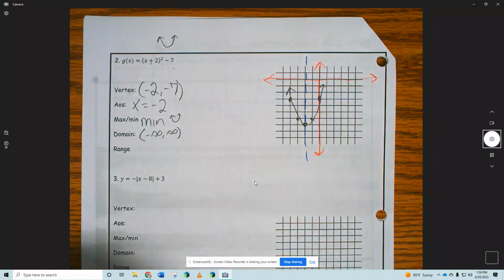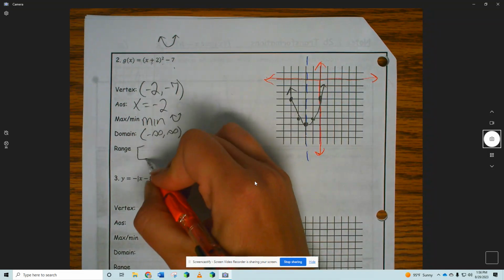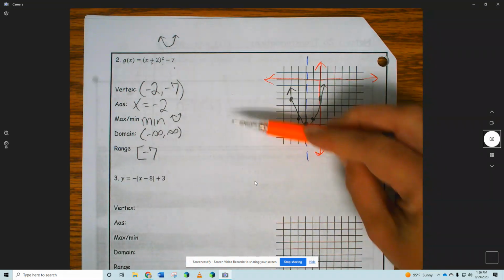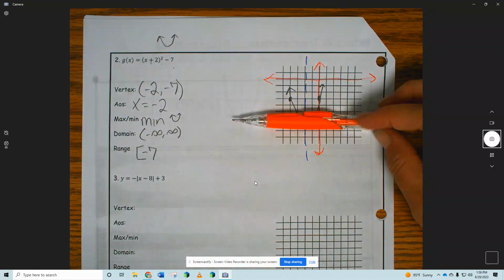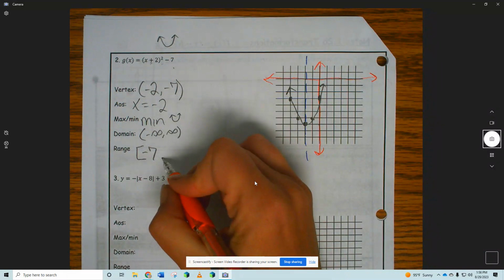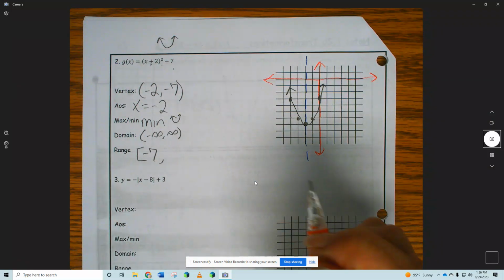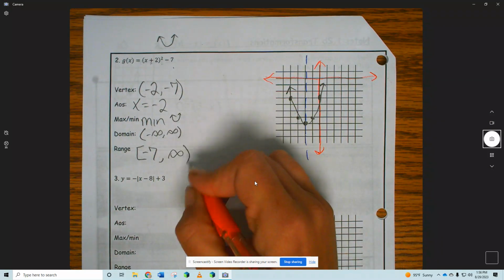And my range? Table 8? Jackie, do you know? So awesome. -7 is my lowest point because it has a minimum. And it goes up, up, up, up, up, positive infinity. Bracket, -7, comma, infinity, parentheses.